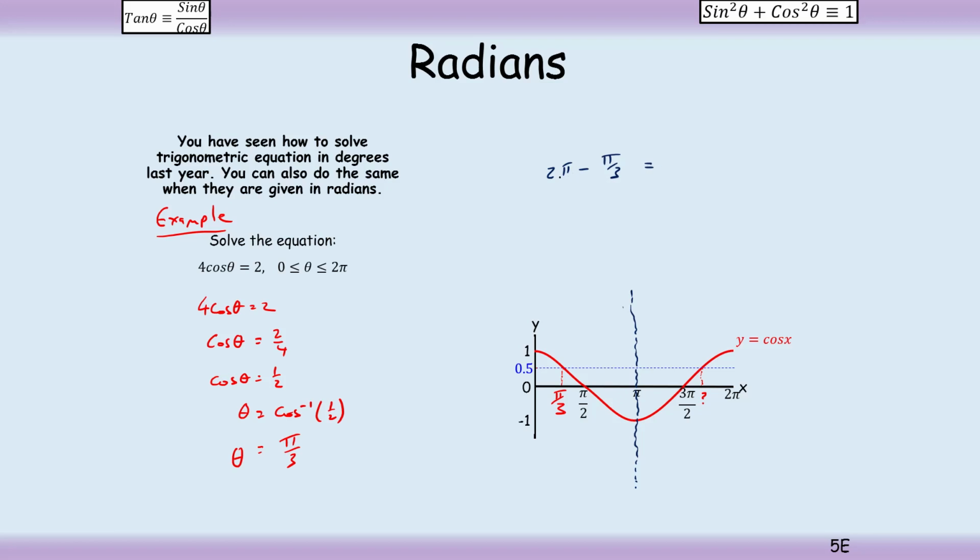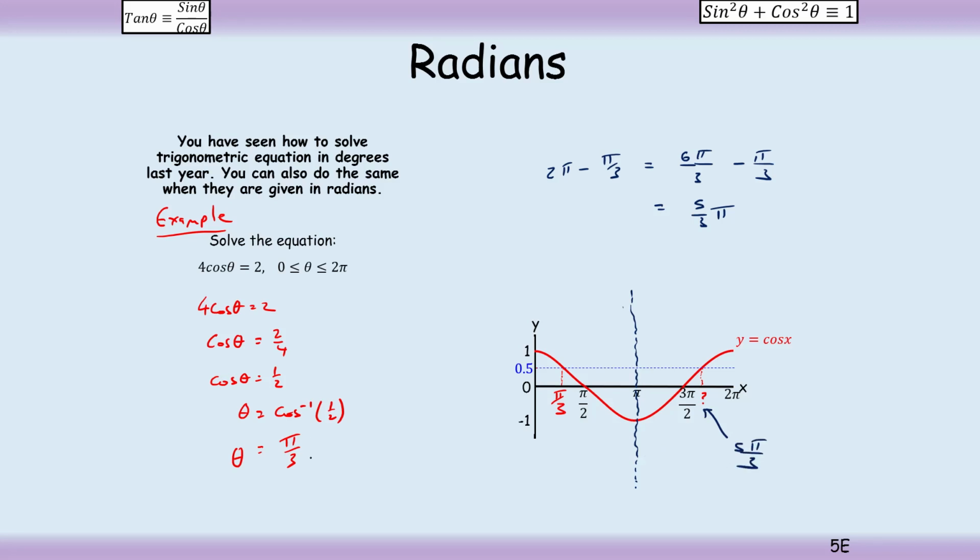Which is equal to 2 pi is going to be 6 pi by 3. 6 divided by 3 is 2 minus pi by 3, which leaves me with 5 over 3 pi, or 5 pi by 3. So that is 5 pi by 3.